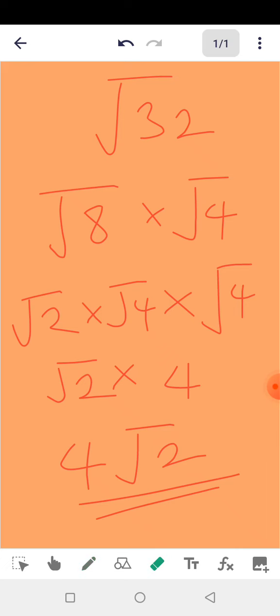So it appears that if you want to simplify surds, you should just try and look for a square root expression in the surd if it has. So 50, for example, I'll be looking for the highest perfect square in 50 that is a factor of 50. Now, if you look very well, the highest perfect square in 50 that is a factor of 50 will be 25, right?